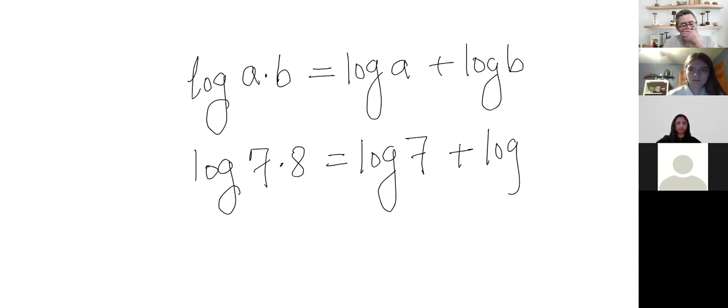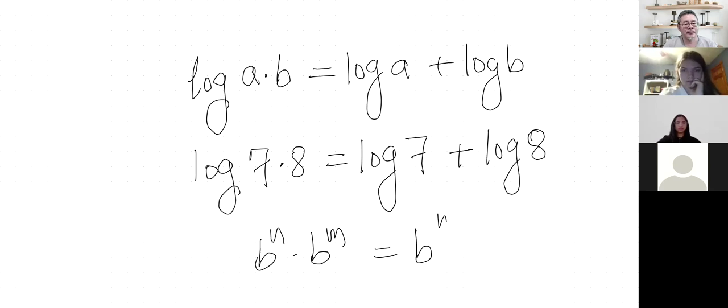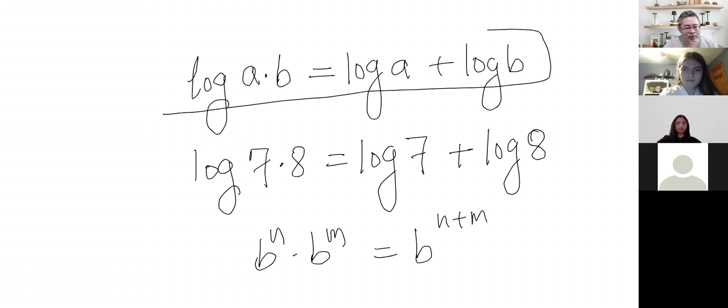Now, remember we did early on, b to the n times b to the m is equal to b to the n plus m, right? That's where the multiplication became the addition of the exponents, because what we're doing here is multiplying two numbers.